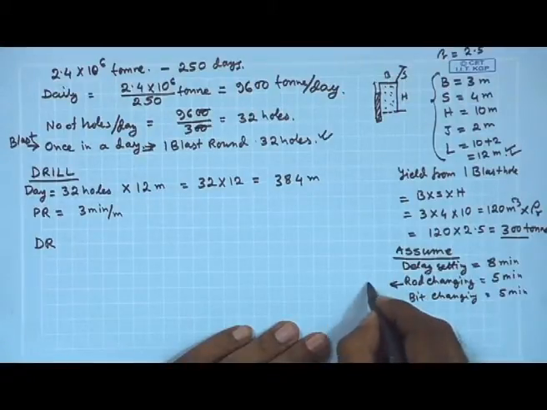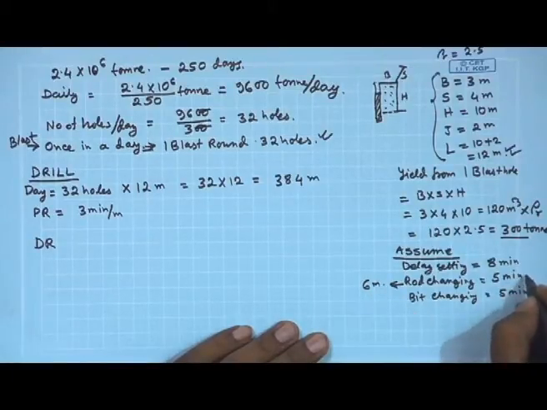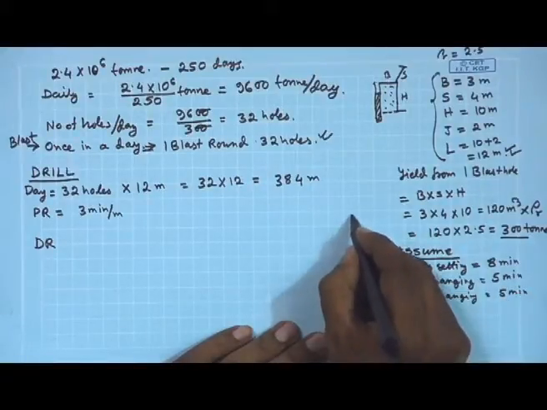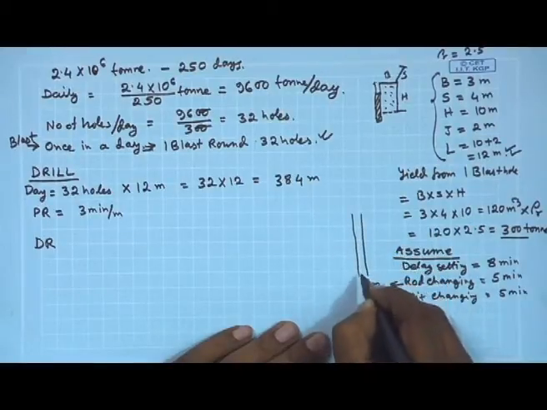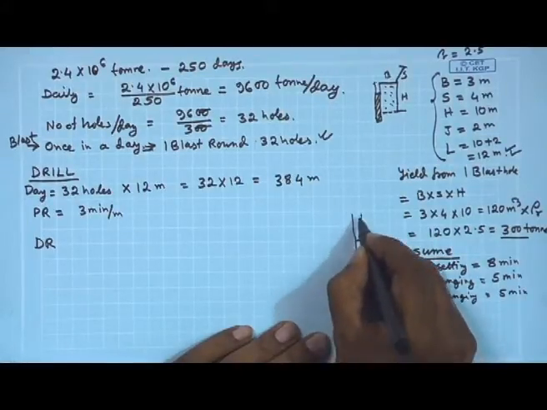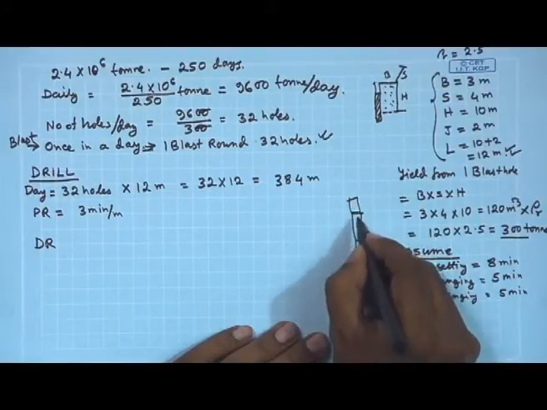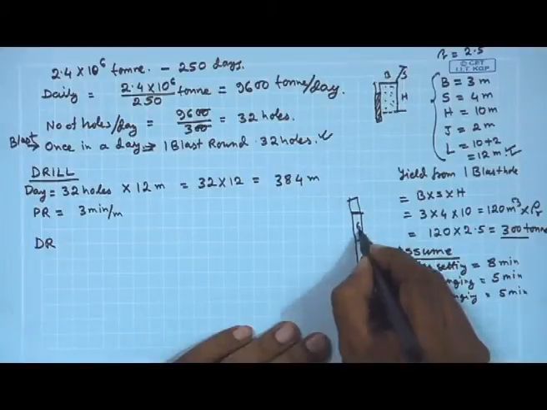So, rod changing is carried out after each 6 meter. That means it is carried out once while we are drilling 12 meter. After 6 meter of drilling, we have to insert the second rod, then the second rod will allow us to drill up to another 6 meter. So, this is 6 plus 6.